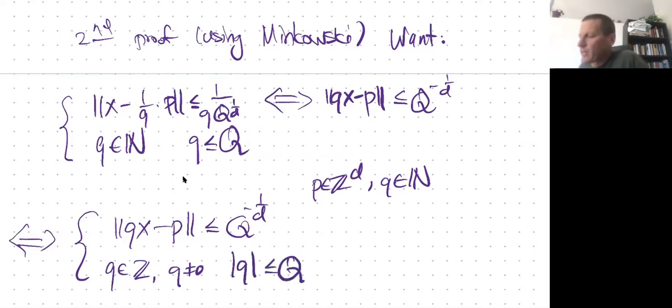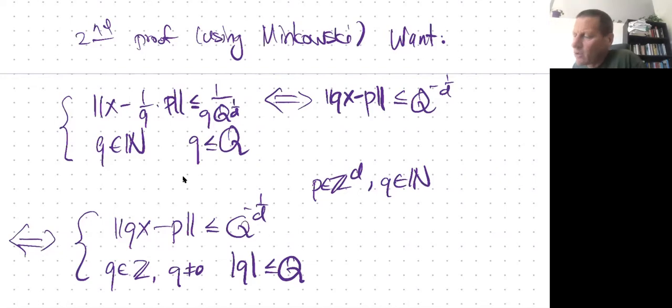Okay, and the reason these are equivalent is, of course, clearly if you can solve this inequality, you can solve this inequality with the same parameters. And if you can solve this and q is negative, just multiply everything by -1, so q will be transformed into a positive number, and you multiply both q and p by -1. This will not change the inequalities, and you're happy.